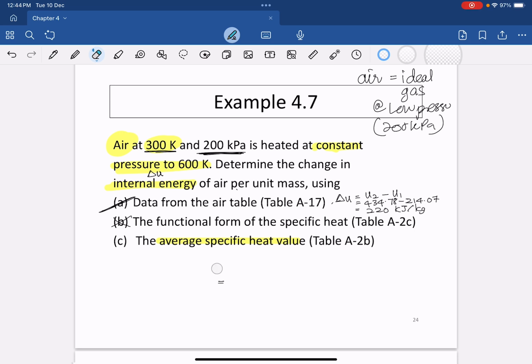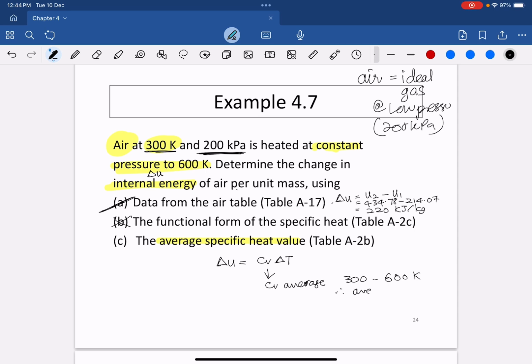Sorry guys, wrong. Okay, so it asks for internal energy. You always remember that internal energy, delta u, is always related to CV, constant volume. So CV delta T, and this CV is CV average, where the temperature is between 300 and 600 Kelvin.